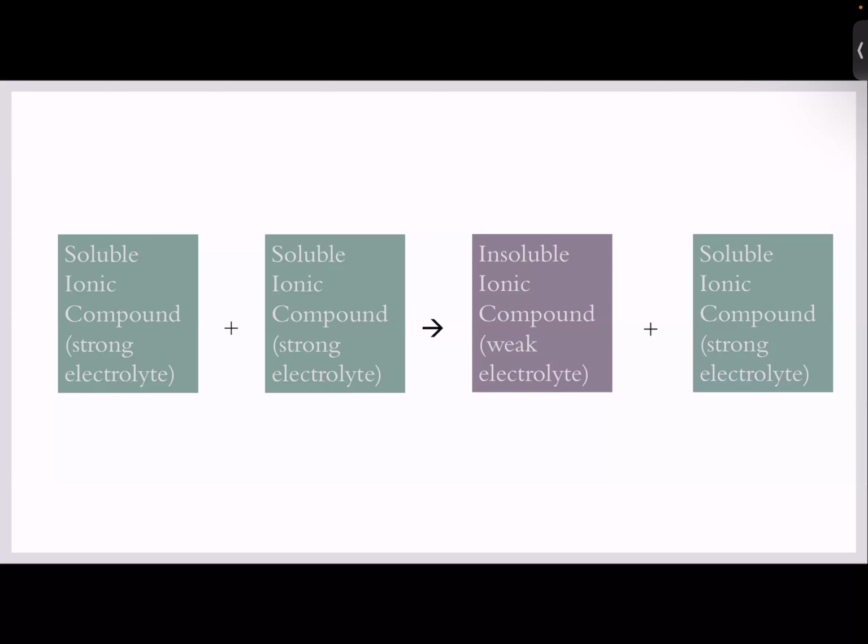And in this case, we had a soluble ionic compound, which was the potassium nitrate, which was also a strong electrolyte.